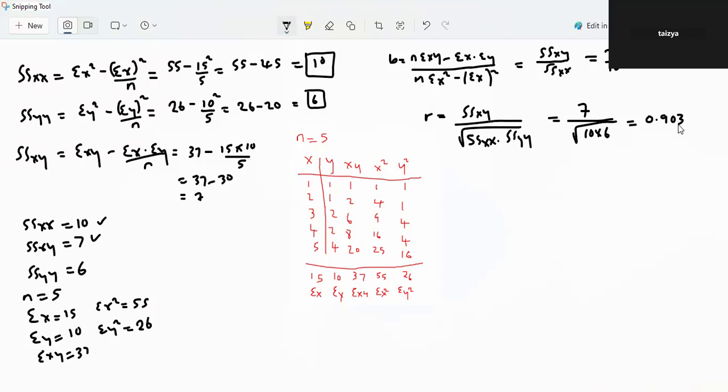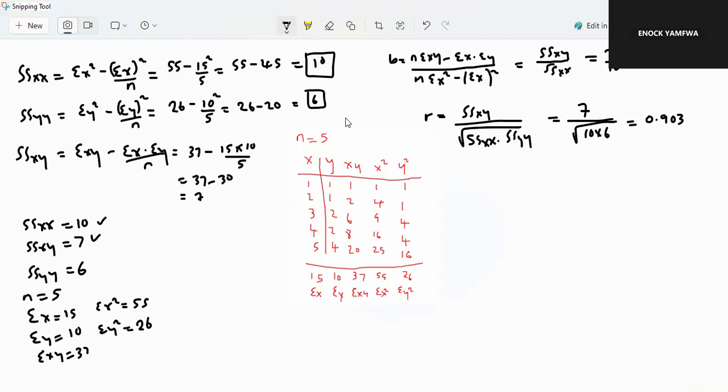It's 0.903. Yes, 7 over the square root of 60.